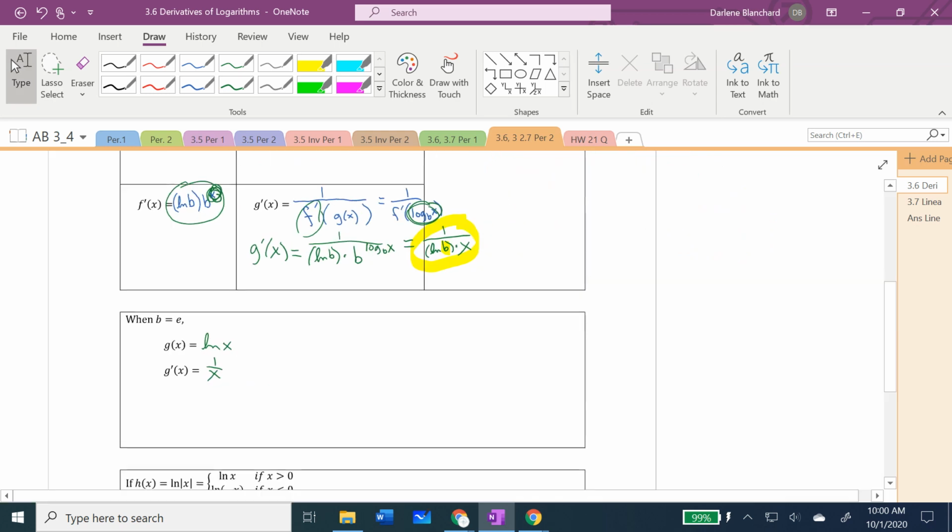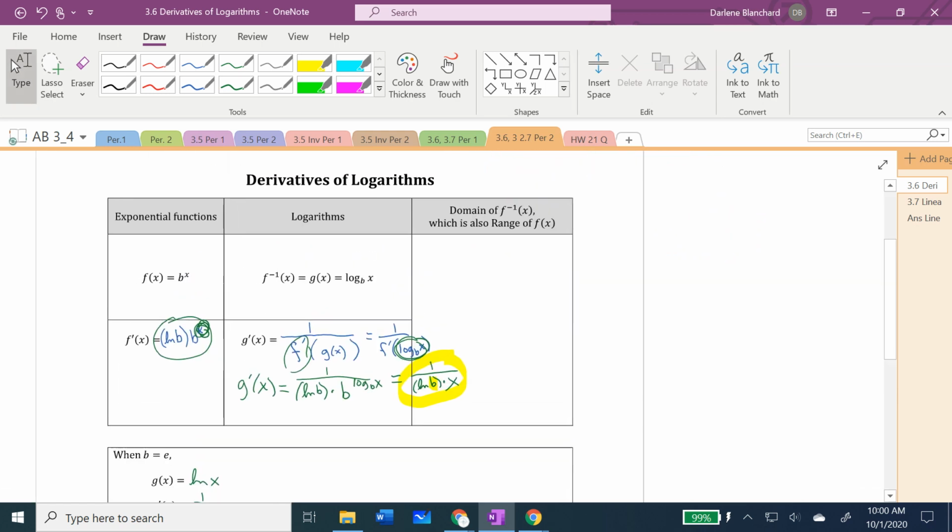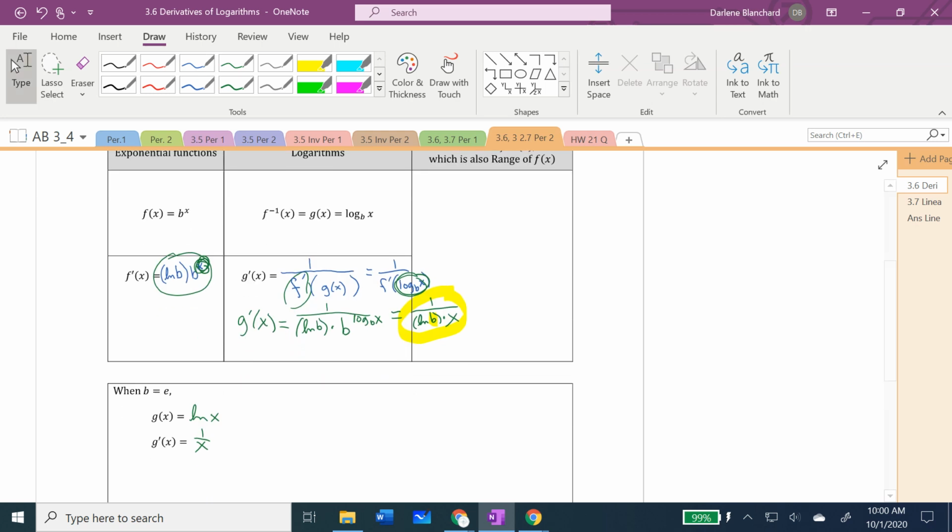And I also want to mention over here that the domain of f inverse, because it's a logarithm, is, checking chat. Oh, right here, I said when the base is e. So that's coming over to this. What is g of x? How do we write it when the base is e?